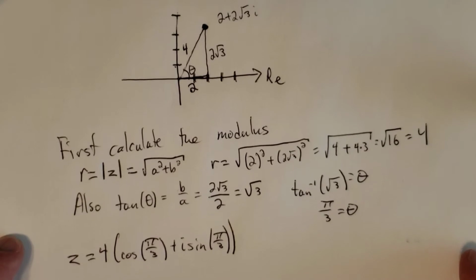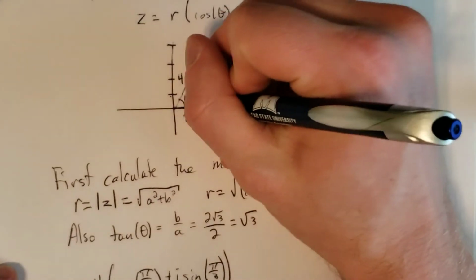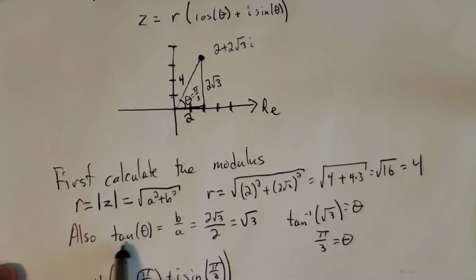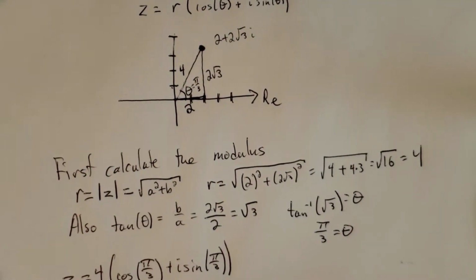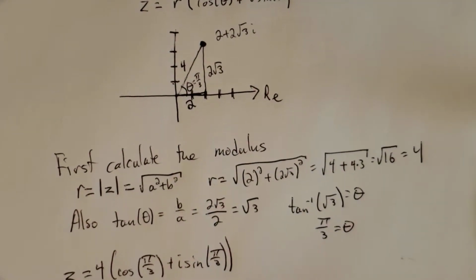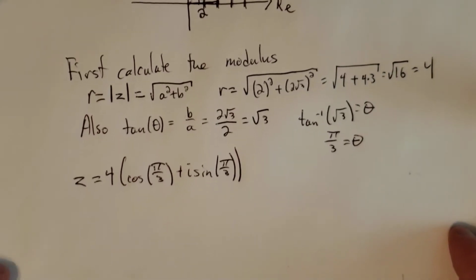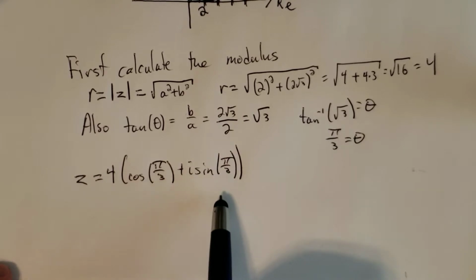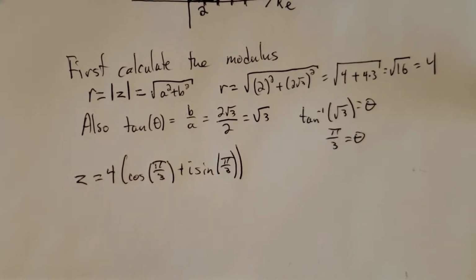If we go back up to this triangle, this tells us, by the way, that theta is pi over 3. It's what we just calculated a moment ago with this tangent of theta. So, again, z is equal to 4 times cosine of pi over 3 plus i sine of pi over 3, which is the polar form of 2 plus 2 square roots of 3i.